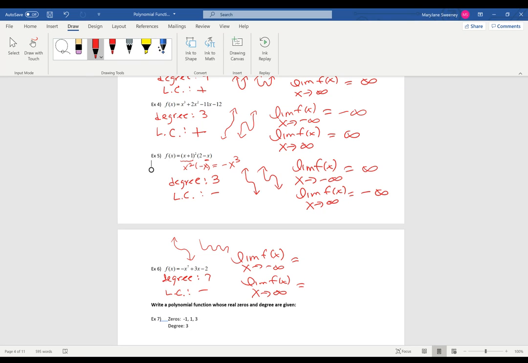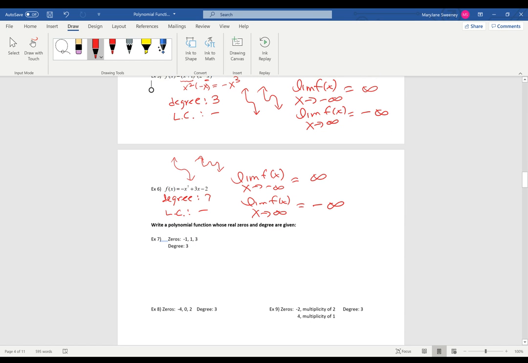Sure, it could be more wiggly in here, but basically it ends down. So negative ends down. As we go to negative infinity, we're up at infinity, right? As we go to positive infinity, it's shooting down to negative infinity. So similar to the last one, because it was an odd degree with a negative leading coefficient.